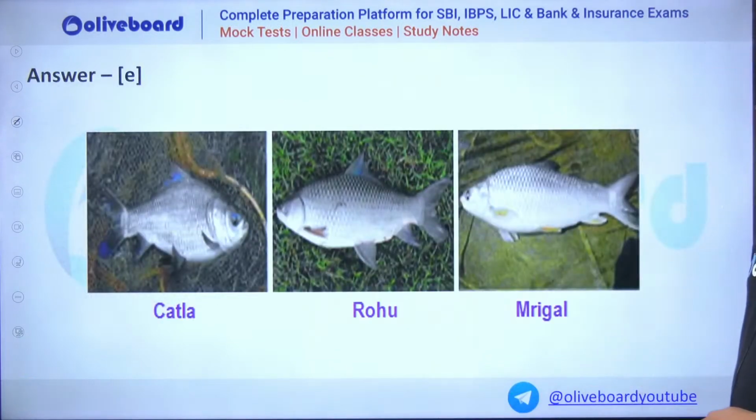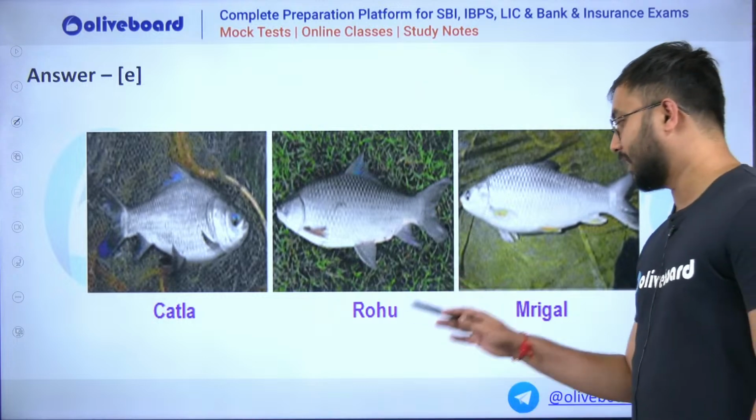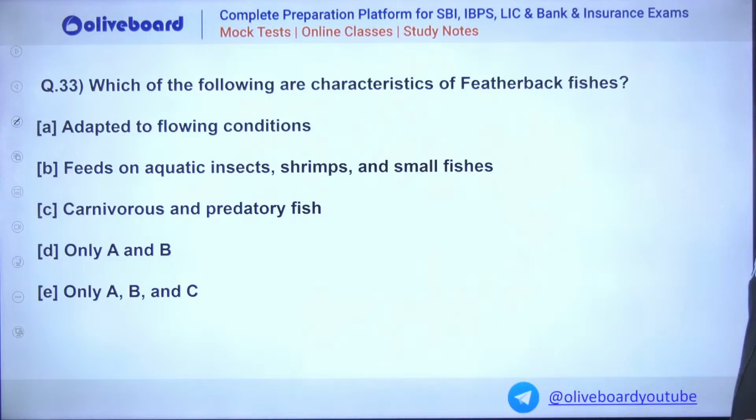So the correct answer here is E. All three, Katla, Rohu and Mrigal are your Gangetic carps.